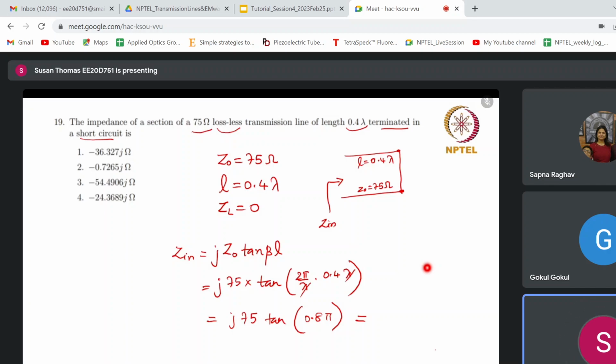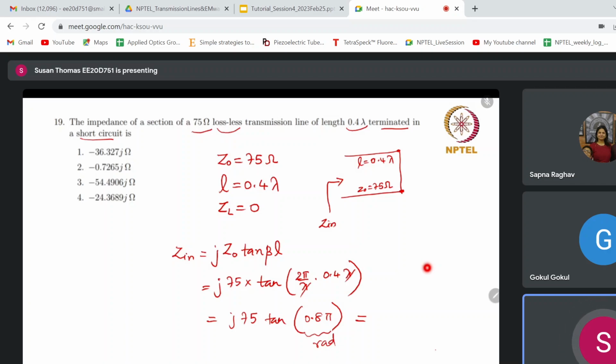So basically, 0.8 pi. Can you try calculating and find out the answer, please? You can just type in the option 1, 2, 3, or 4. Always remember this is in radians.